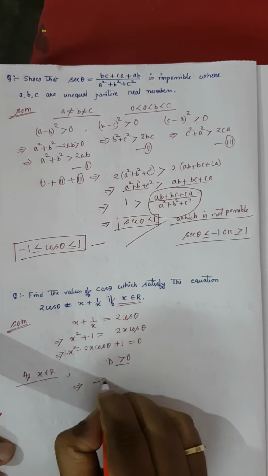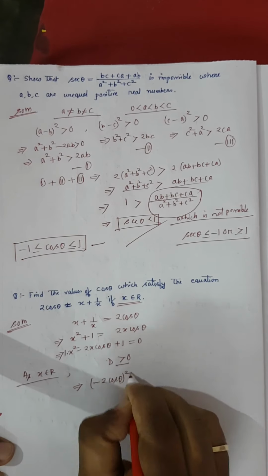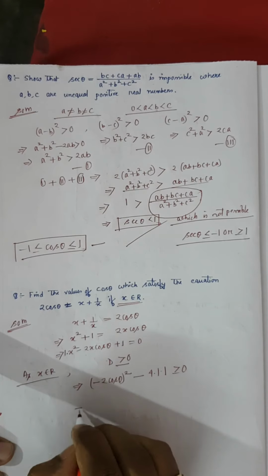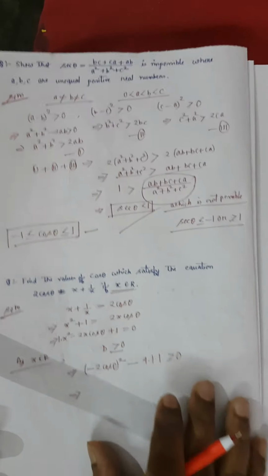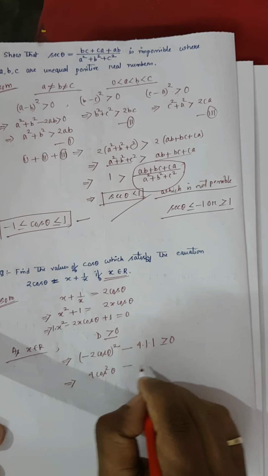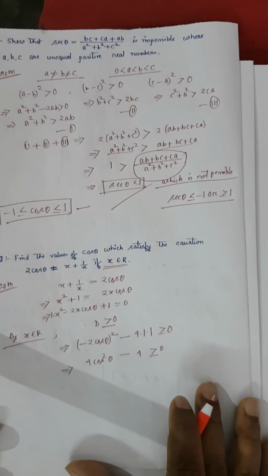I will get (minus 2 cos theta) whole square minus 4 ac. So I am getting 4 cos square theta minus 4 greater than or equal to 0.